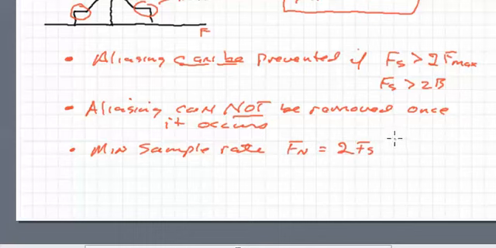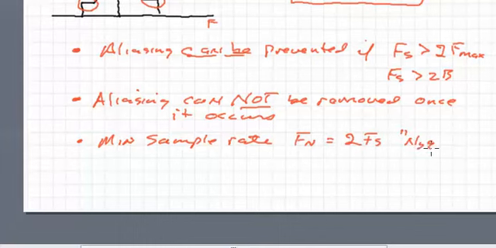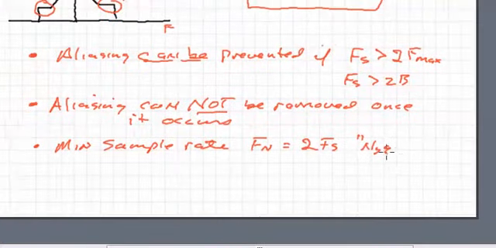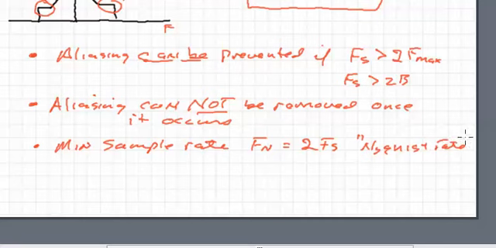This is called the Nyquist rate, after Harry Nyquist, one of the guys who came up with this. Shannon was the other guy who came up with this.